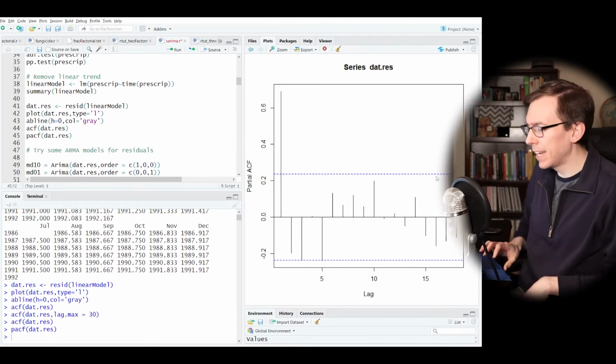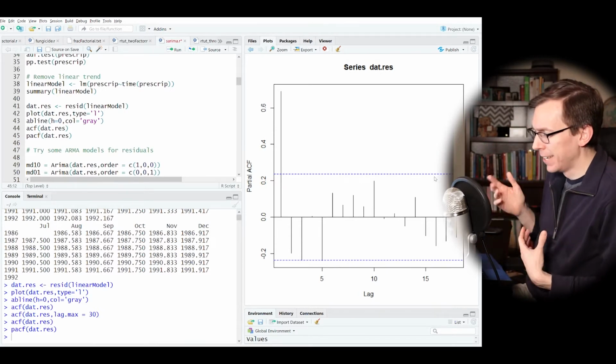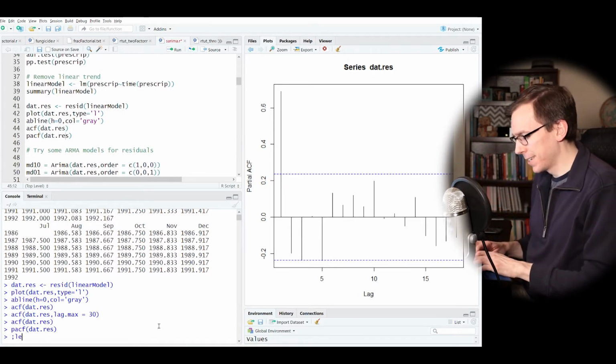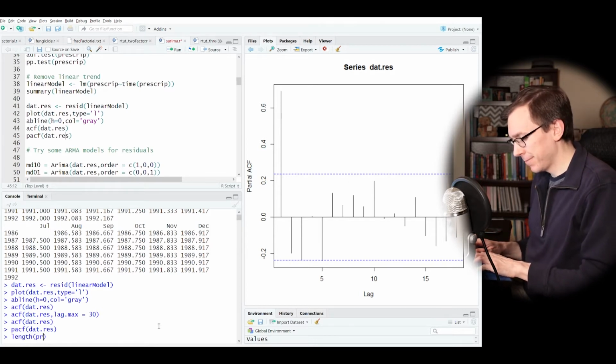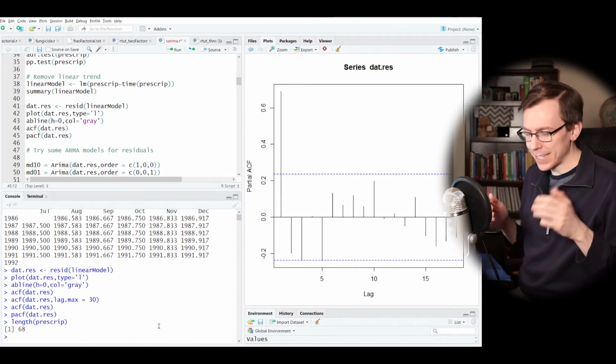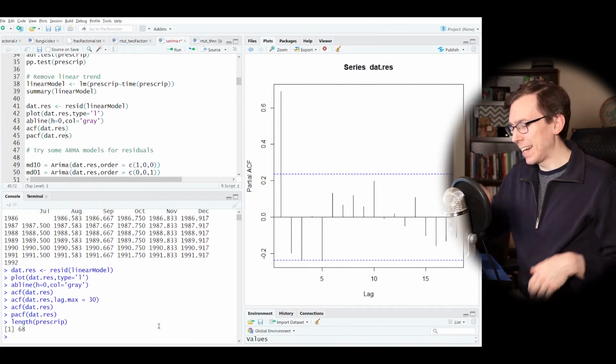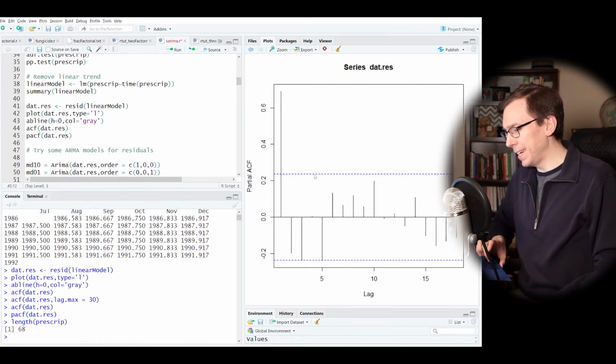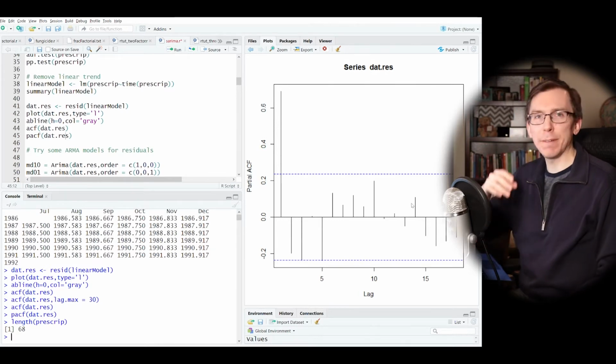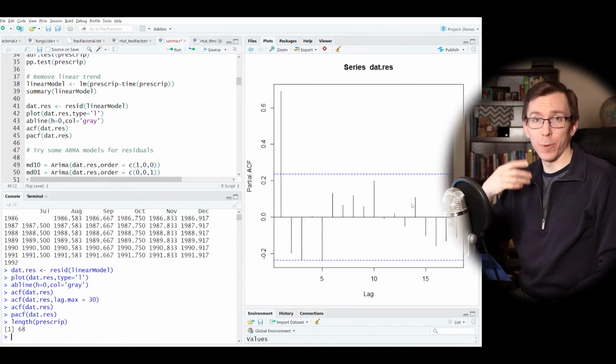Now, again, our data size is not massive. In fact, why don't we just look at it so I know what the number is. Yeah, so the data size in this case was 68. That's what I thought. So it's not a giant time series. So the noise floor is a bit big, but we still see that it seems to vanish. And that's hinting that there might be an autoregressive process of order 1.